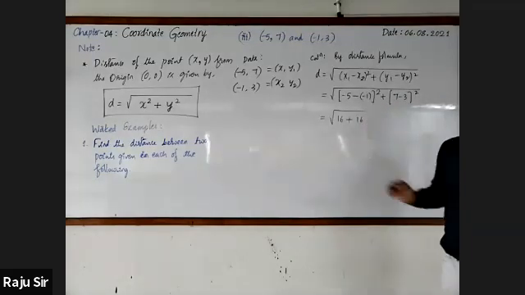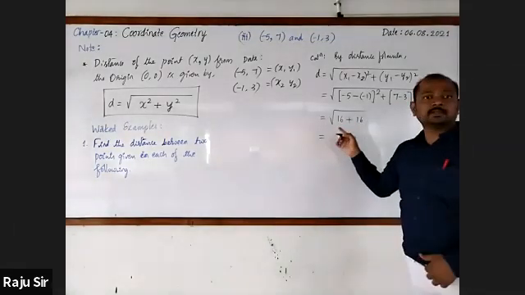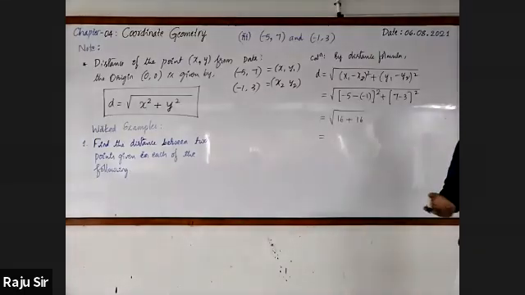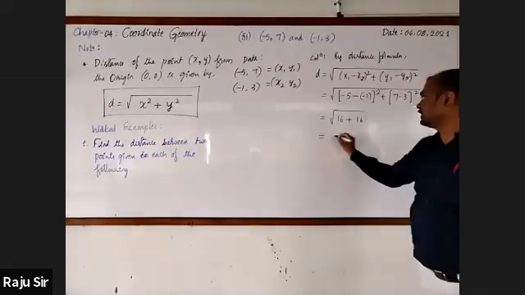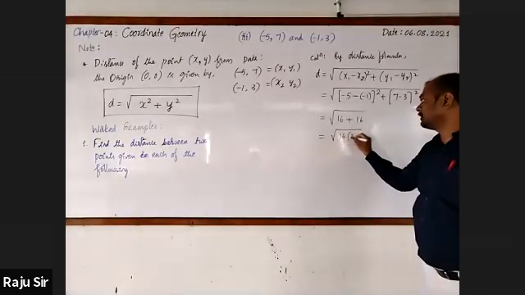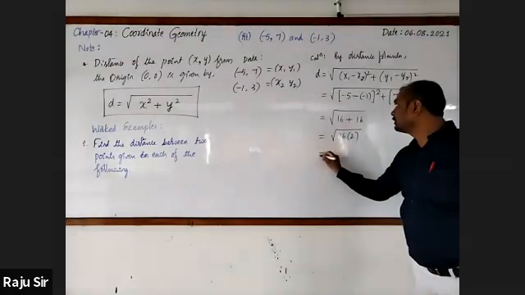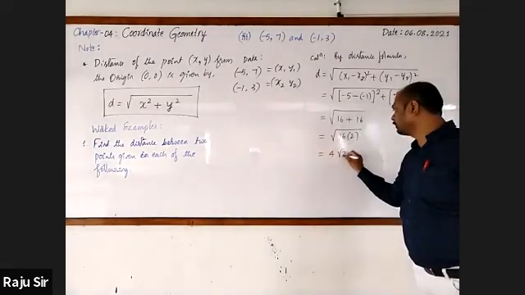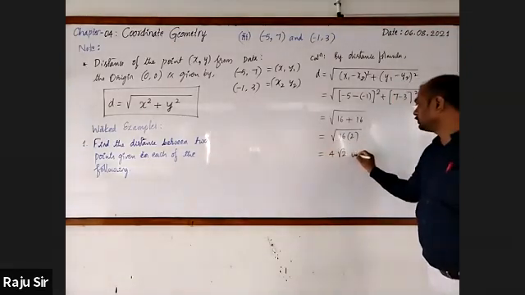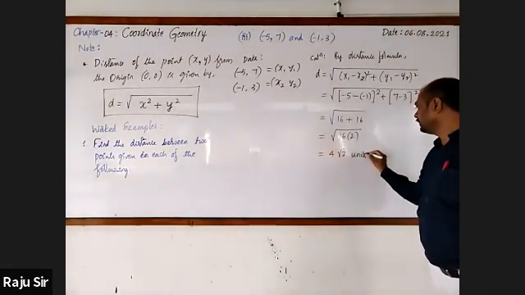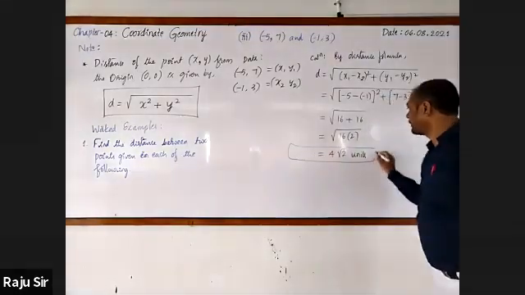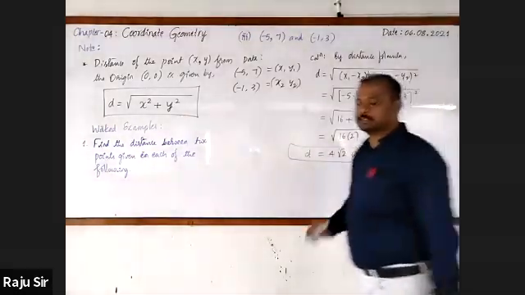That is 16 plus 16, 32, which is 16 twos. Square root of 16 is 4, square root of 2 as it is. So 4 into root 2 units. This is the distance.